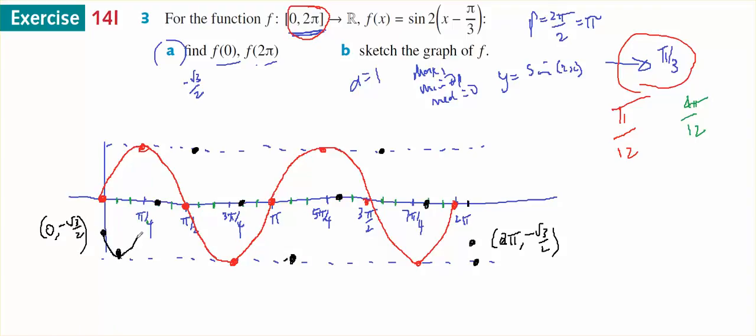Therefore, this is going to be my end curve. And my tablet doesn't do my drawing justice. Sorry, finished there.